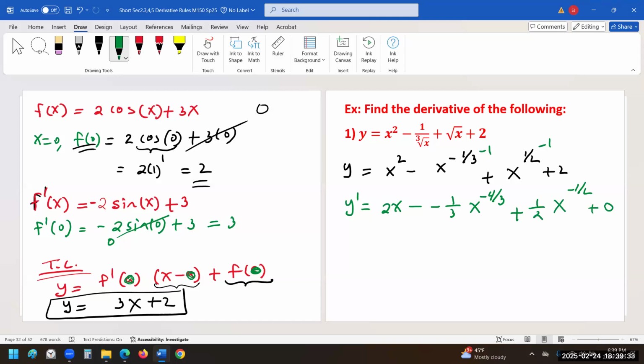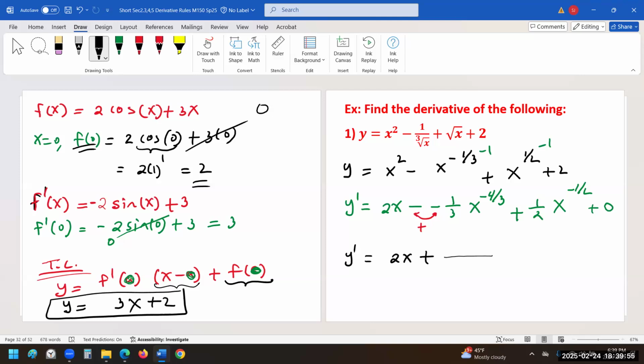Okay. So we first go for double negative. What happens to the double negative? Positive. So y prime is 2x plus, and then you see the second term has a negative power. We cannot leave any negative power alone. We have to put it as a fraction.